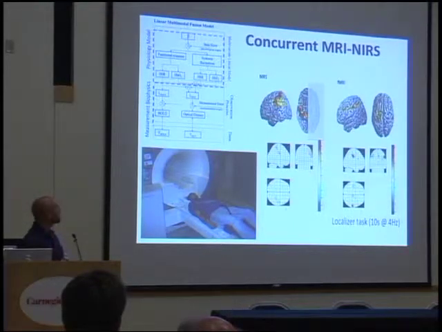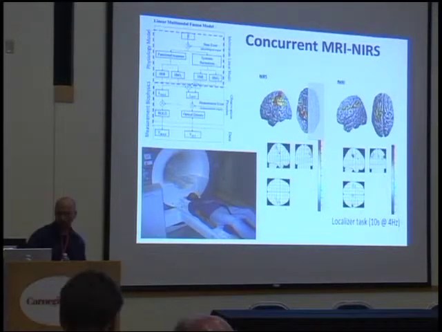And so by pairing optical up with other modalities, we can actually get images that are comparable to things like fMRI. This is showing the same experiment with optical versus MRI during a motor task, showing that we're able to get very comparable spatial resolution by using additional structural information.